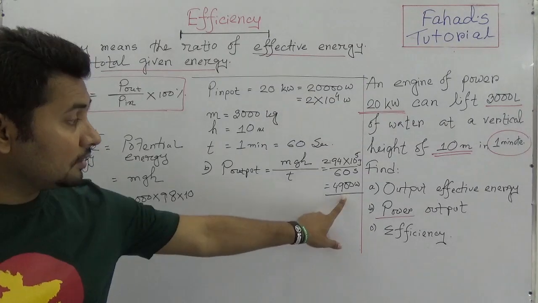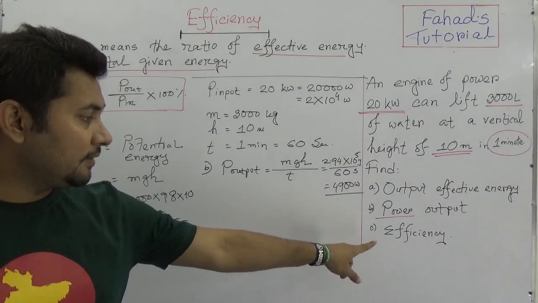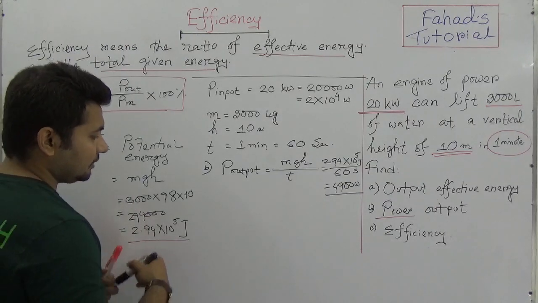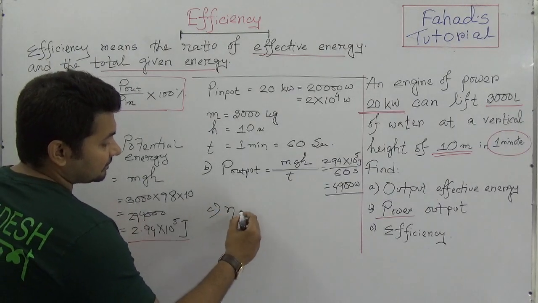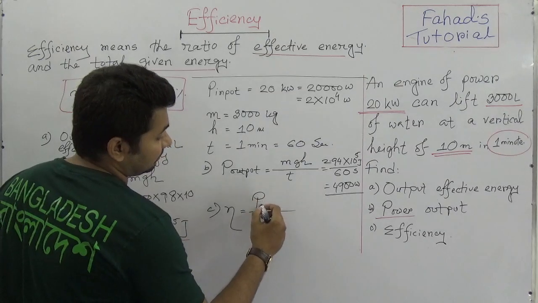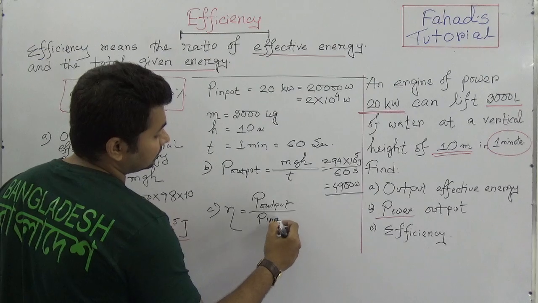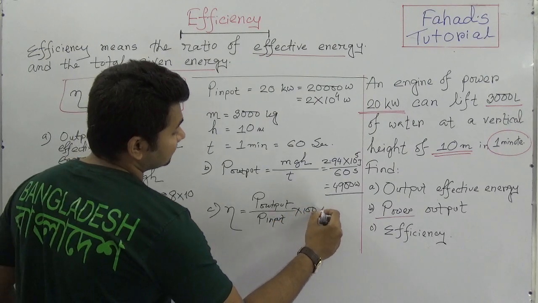And now that we have the power output, finding the efficiency is very easy. How? Because efficiency is the power output over power input times 100%.